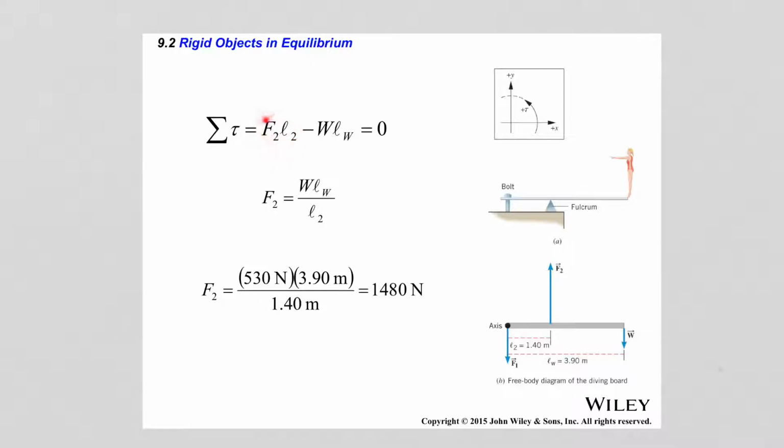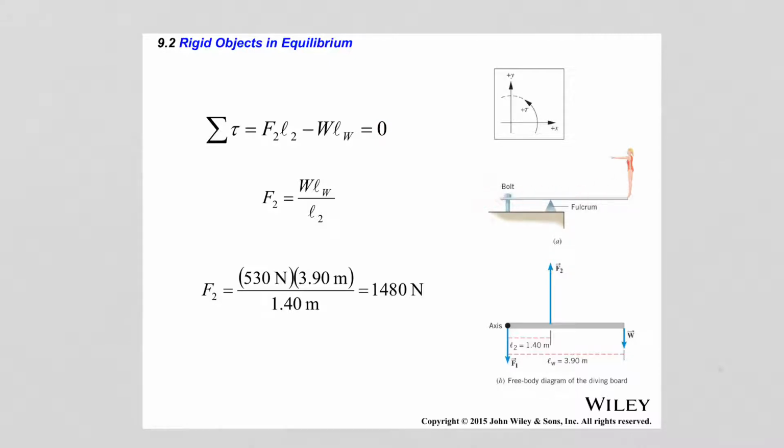For the weight of the woman, the torque is in the clockwise direction, so it will be negative. That's why we get the minus here: minus W times LW, where LW is the lever arm for the weight of the woman. The net torque is 0, because this board doesn't move.